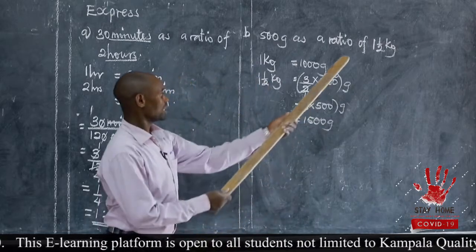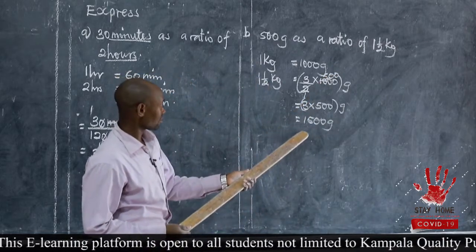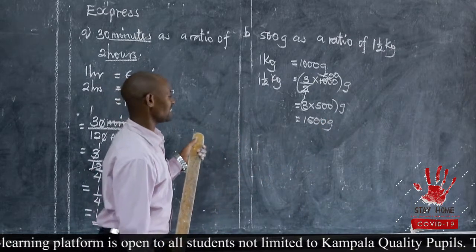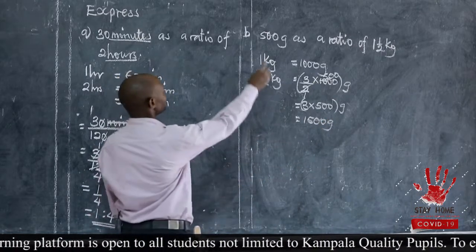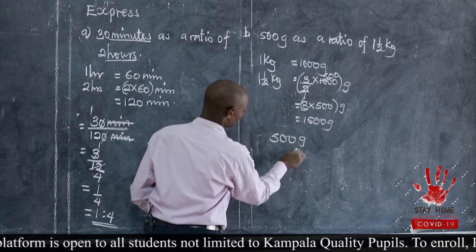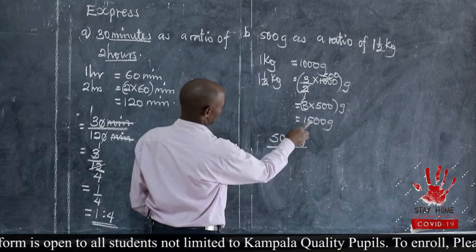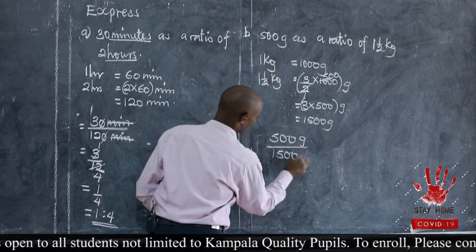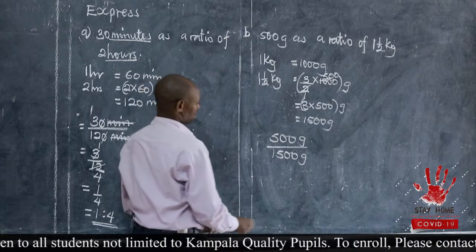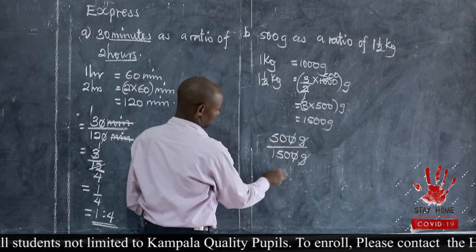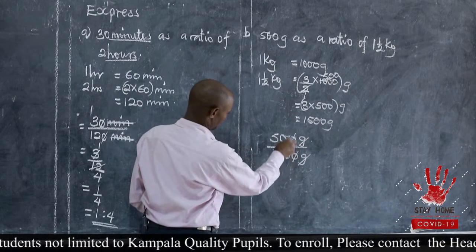So it means 1.5 kilograms is the same as 1,500 grams. Having done this, what are we expressing? We are expressing 500 grams out of the 1.5 kilograms, which has given us 1,500 grams. Then you reduce. Grams, grams. A 0 by 0. Even this one with this one.